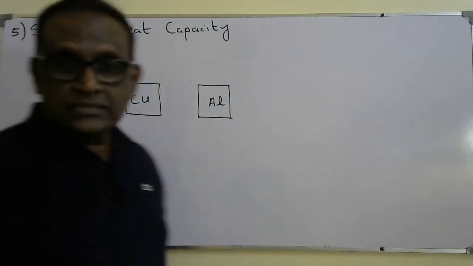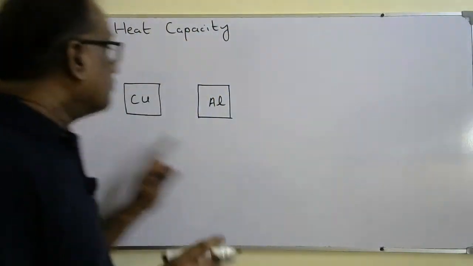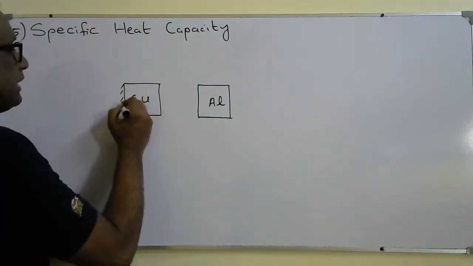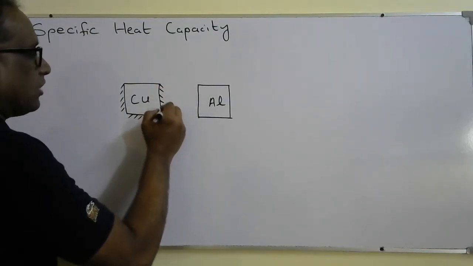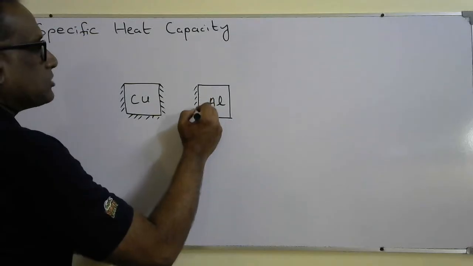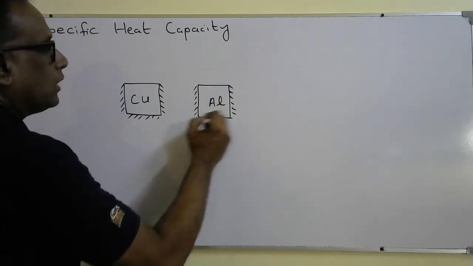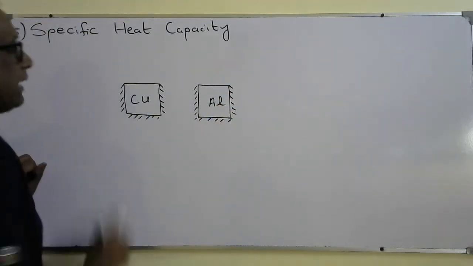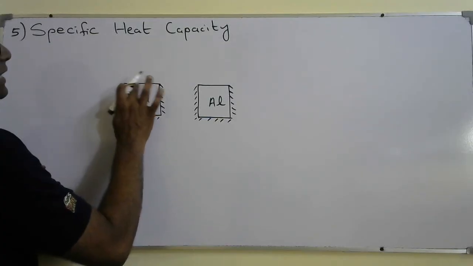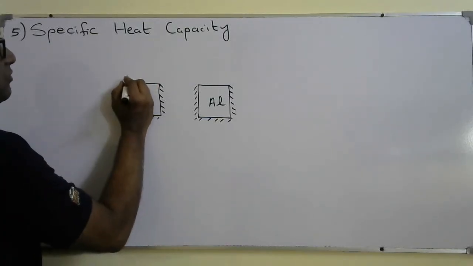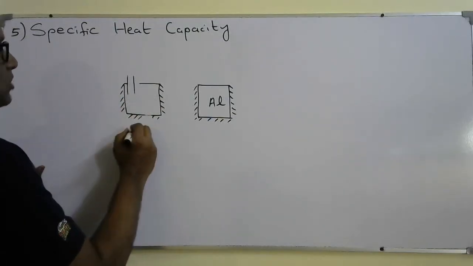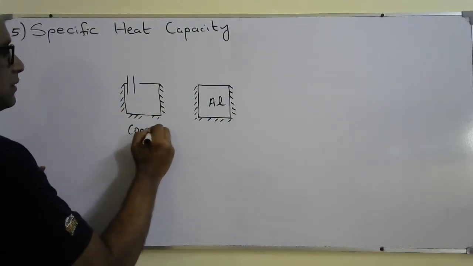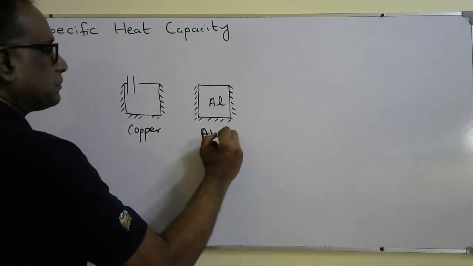Both have exactly the same mass and identical thermal insulation, so they don't lose any heat to the surroundings. And they have identical electric heaters with the same power, kept inside. This is copper. This is aluminium.